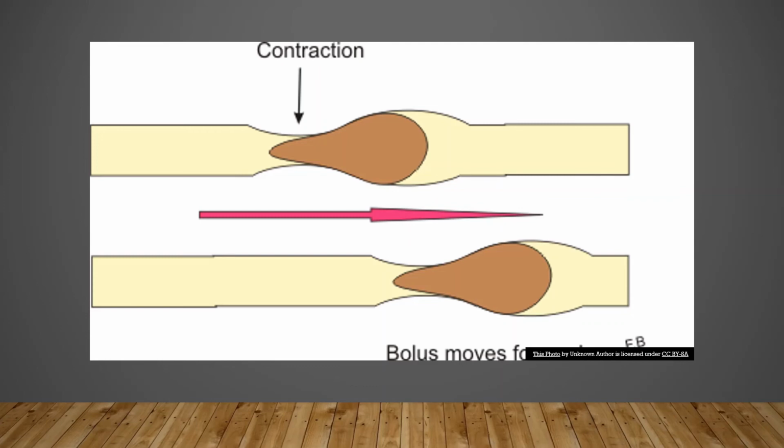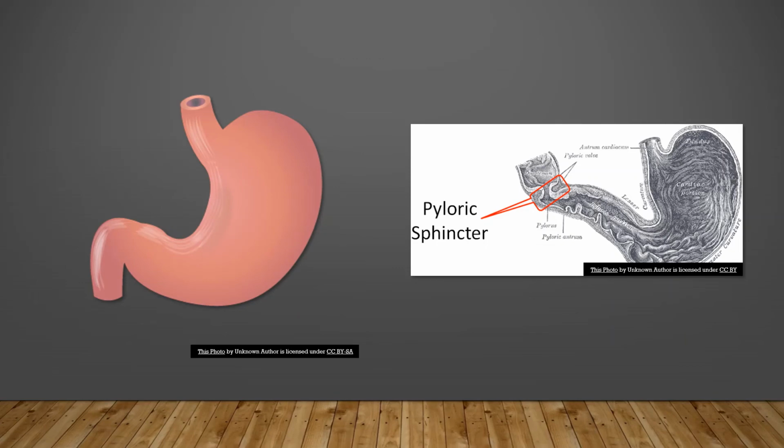For an average-sized bolus, it takes about 5 to 8 seconds for it to reach the stomach. So in order for it to go all the way from your mouth to your stomach, it takes about 5 to 10 seconds.